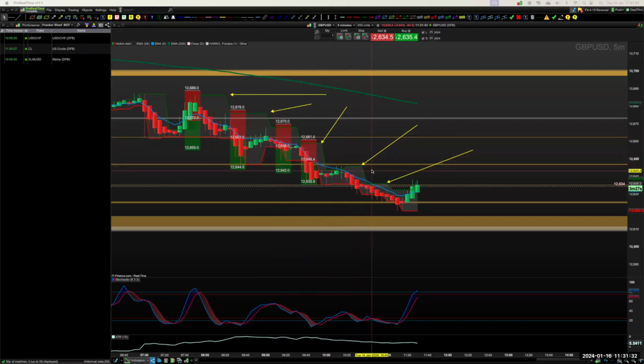The reason for that is, as we were getting closer and closer to the target, this fractal reversal is an indication of the last previous swing high. So really, this fractal reversal is a really good way of progressively bringing your stop down.